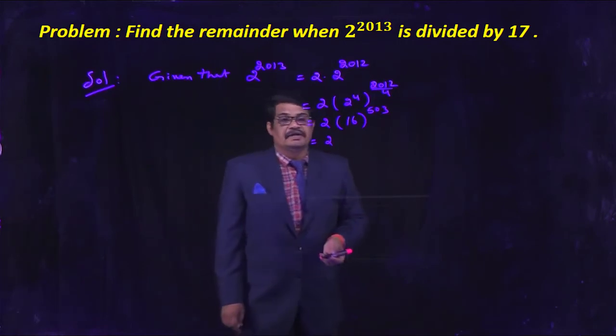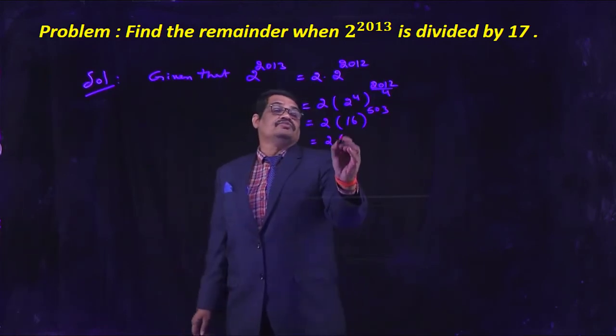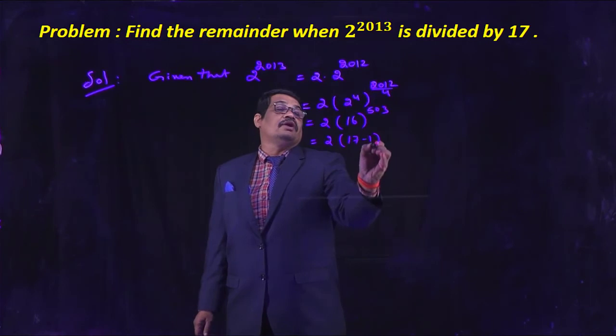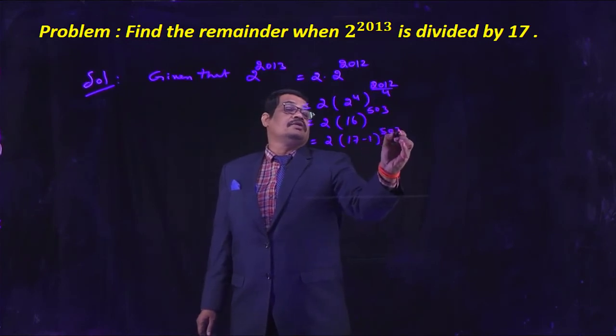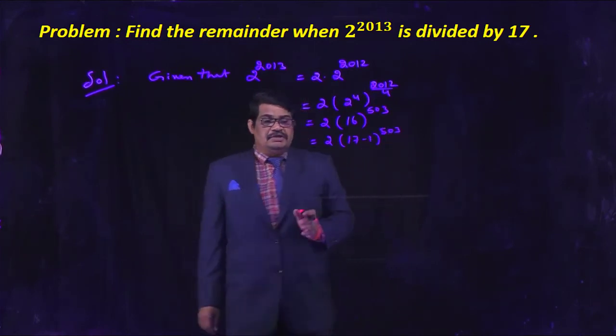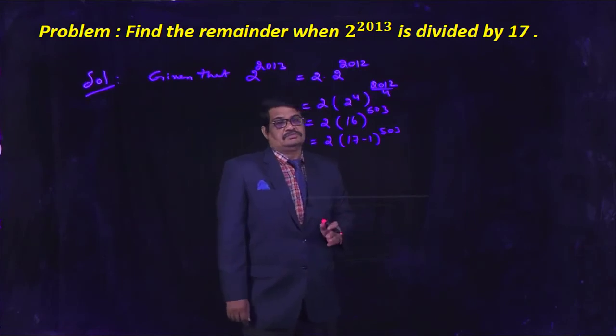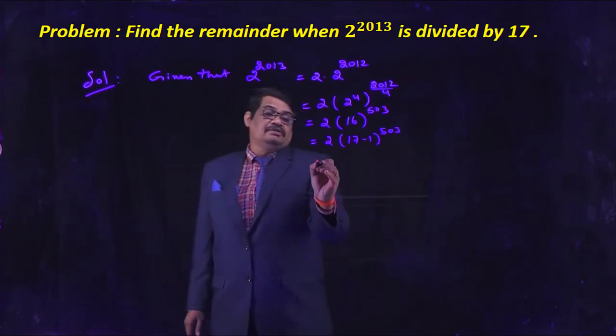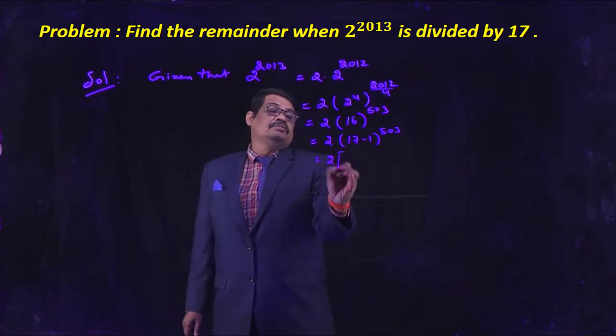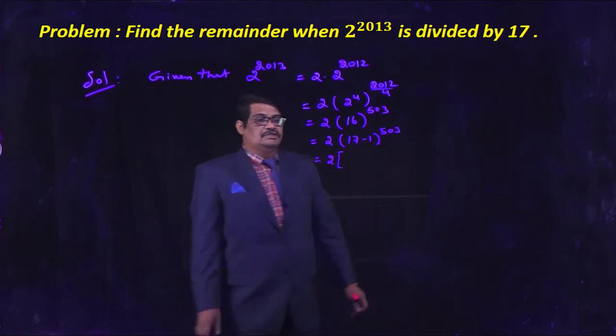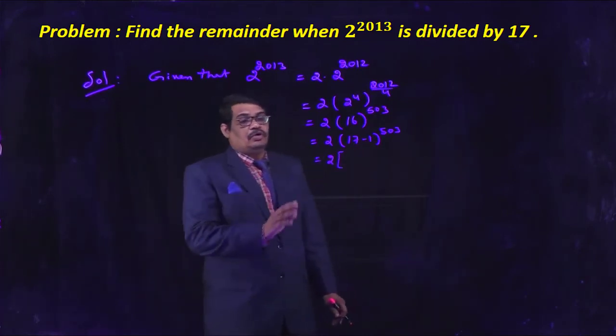Now this 16 can be written as 17 minus 1. We are expanding this using the binomial theorem. This is the expansion of x minus 1 whole power n.